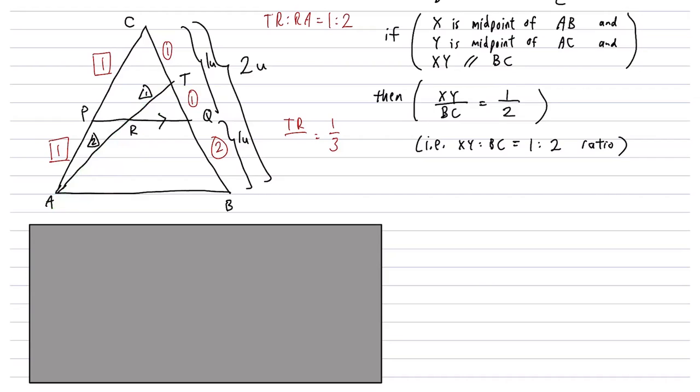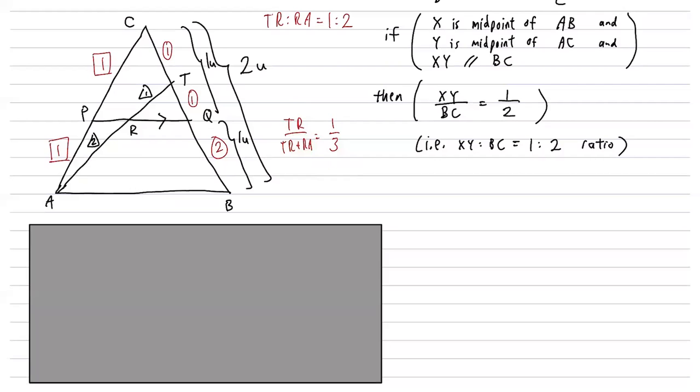TR plus RA. Which means that we know that TR is 1 unit, so that means that RA must be how many units? 3 minus 1, 2 units. So that means the ratio of TR is to RA is 1:2. Okay, and this is not a proper reasoning, not very algebraic, but that's the main idea.